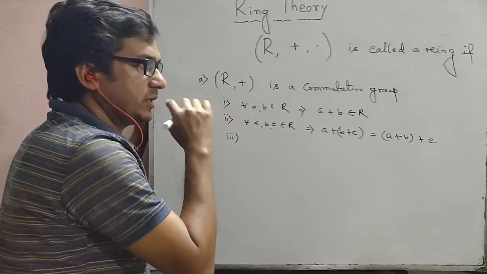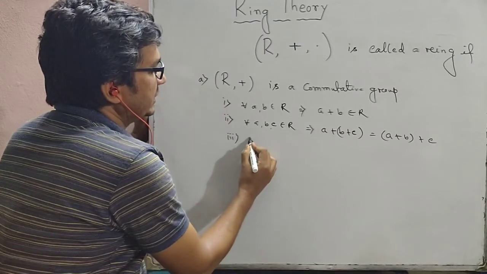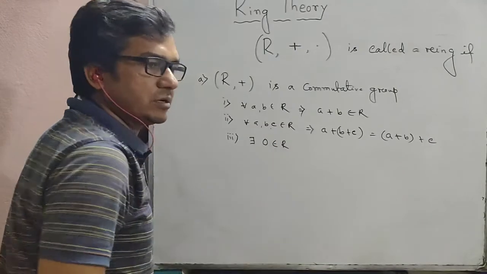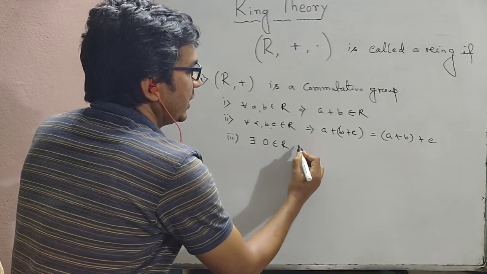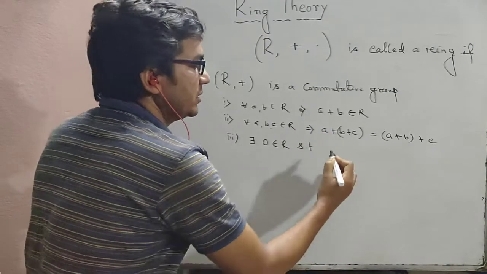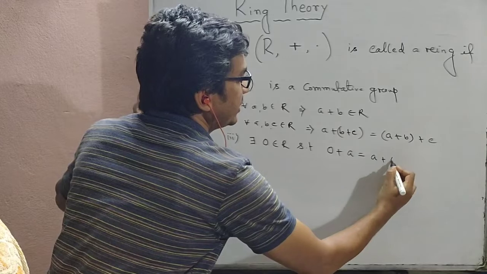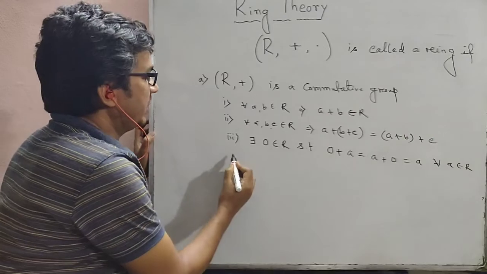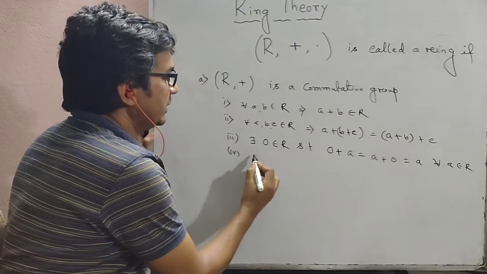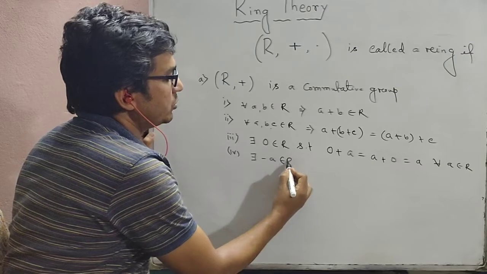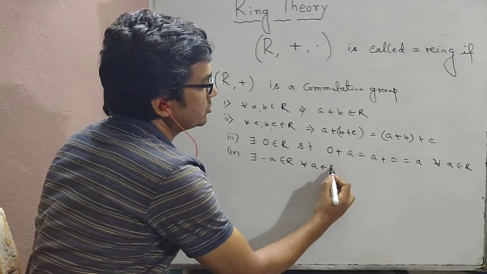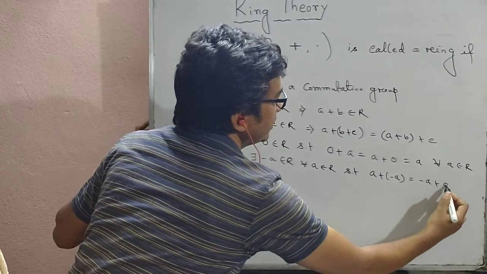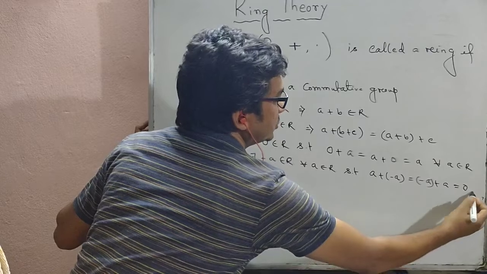Property 3, there exists 0 belongs to R such that 0 plus A equals A plus 0 equals A for all A belongs to R. Property 4, there exists minus A belongs to R for all A belongs to R such that A plus minus A equals minus A plus A equals 0.